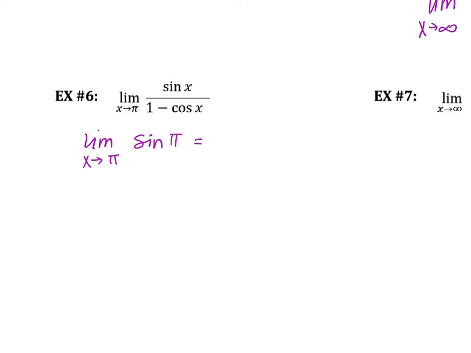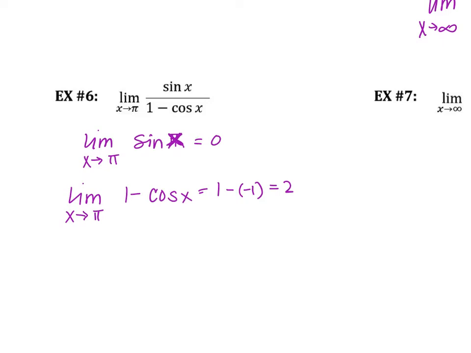Sine of pi is going to be 0. And then in the denominator, we're going to have the limit as x approaches pi of 1 minus cosine of x. And so, I need to make this x up here, y'all. Sorry, make that an x. That'll make a little more sense. So here, if I plug in, I'm going to have 1 minus a negative 1, which is a 2.